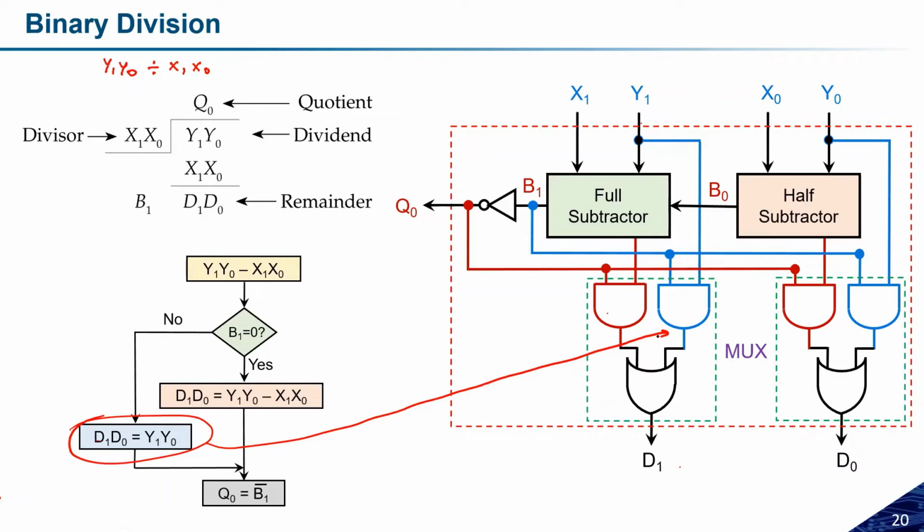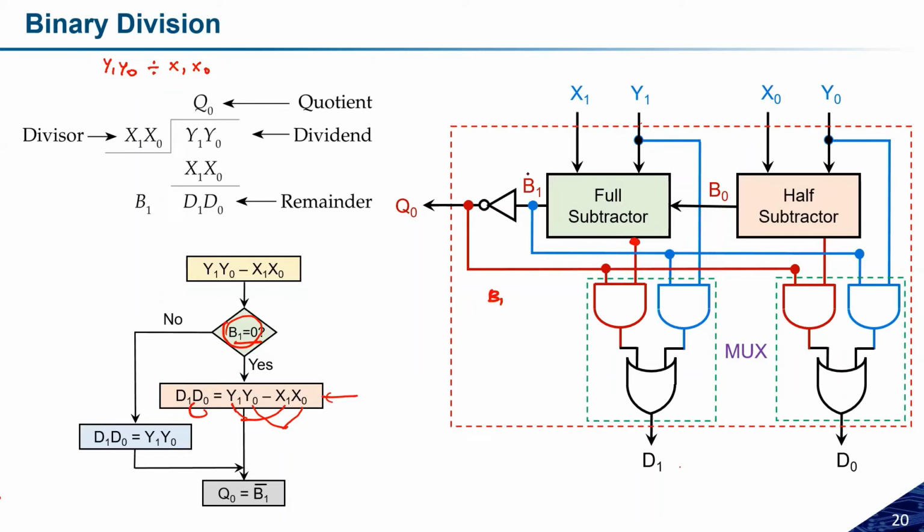See here, what I wanted to do. If B1 is equal to 0, I need to subtract y1 minus x1 and y0 minus x0. So if B1 is equal to 0, I need to pass the subtracted output to D1 and D0, which I was getting over here.